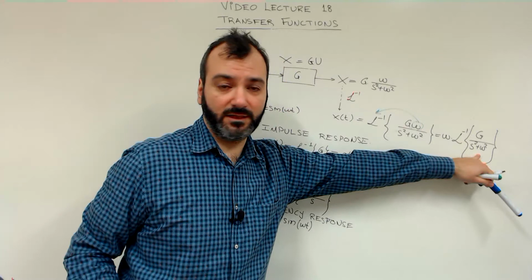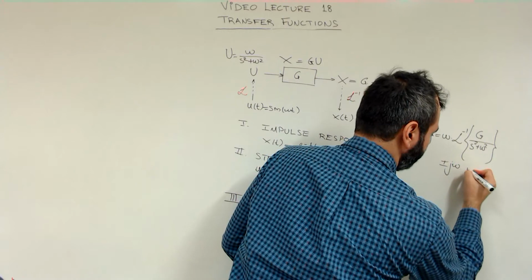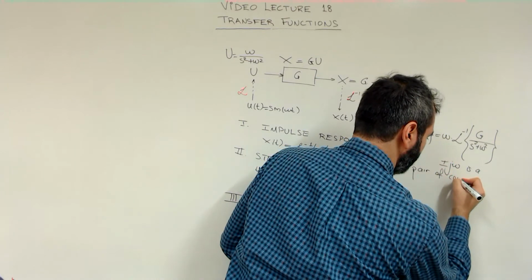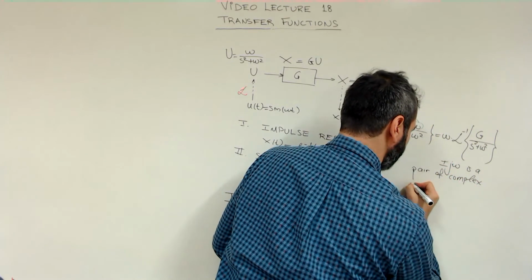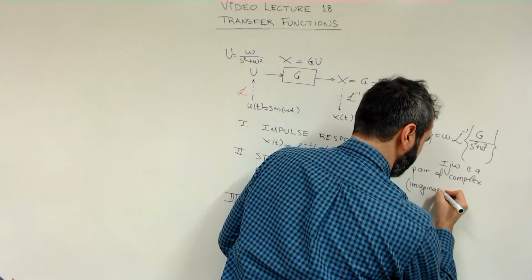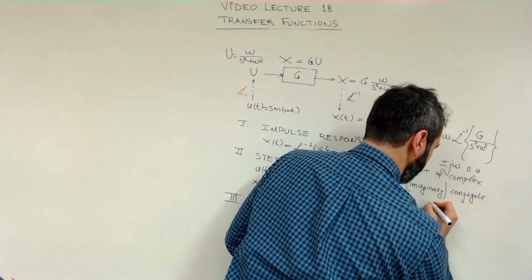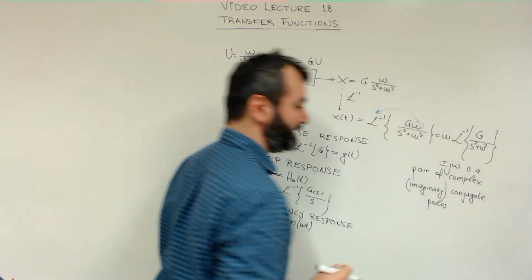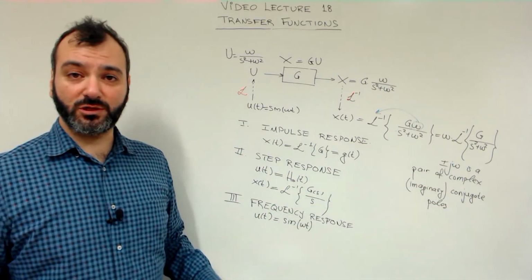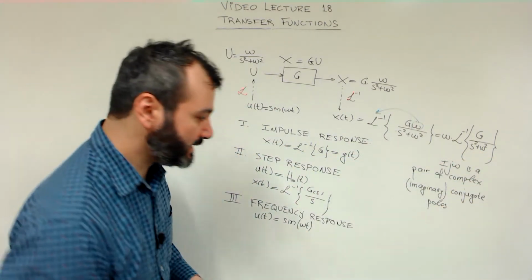Just note here that for sure plus minus j omega is a pair of complex conjugate poles. In fact, it's a pair of imaginary conjugate poles, and we know how to proceed and determine the inverse Laplace transform in such a case.